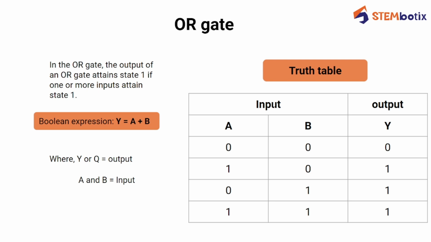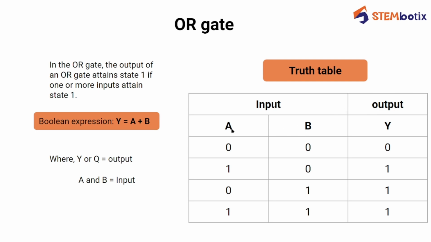Hence, this OR gate attains state 1, or higher state, if one or more inputs attain state 1. In this type of gate, the inputs may be two or more; the minimum number of inputs is 2, though it can have 3 inputs also.